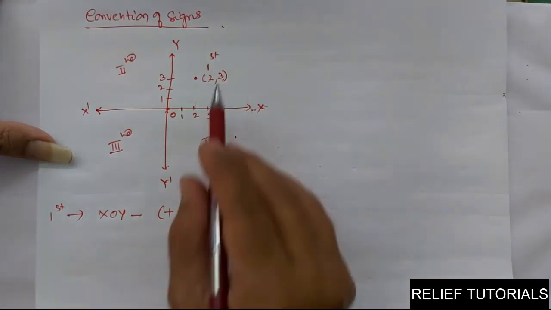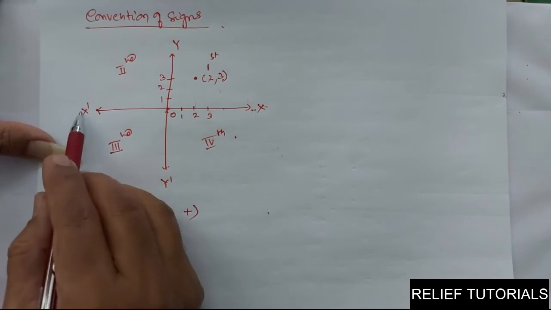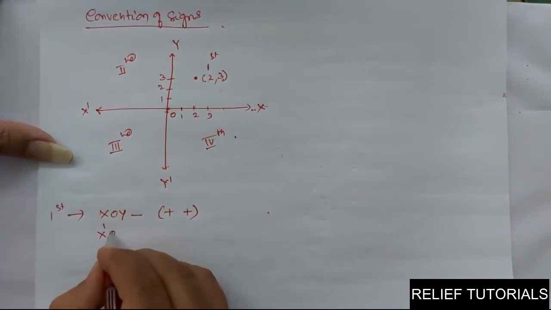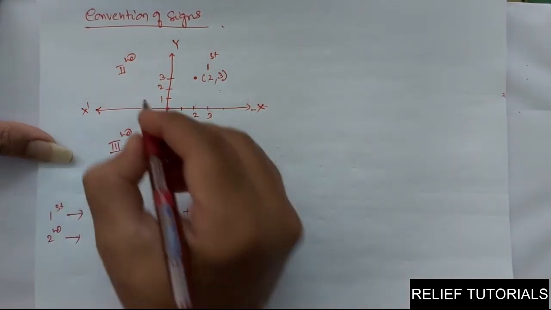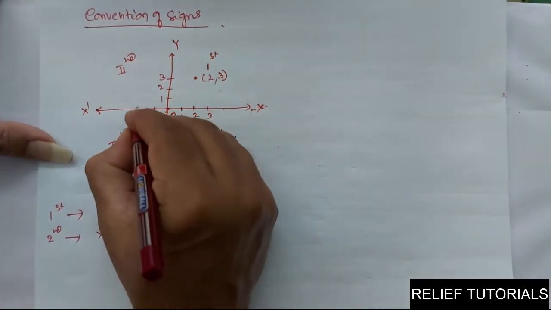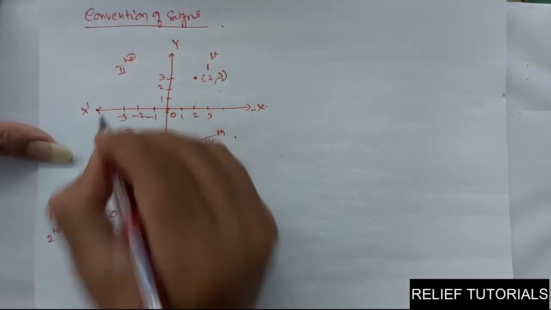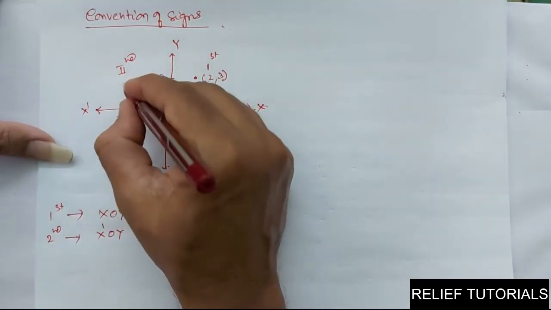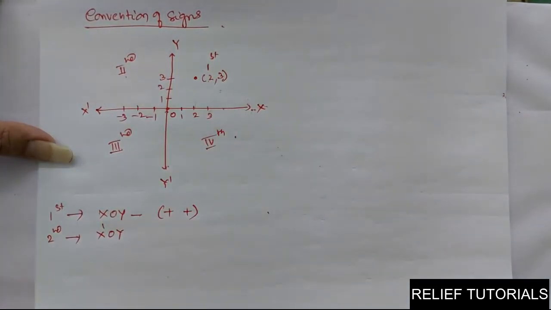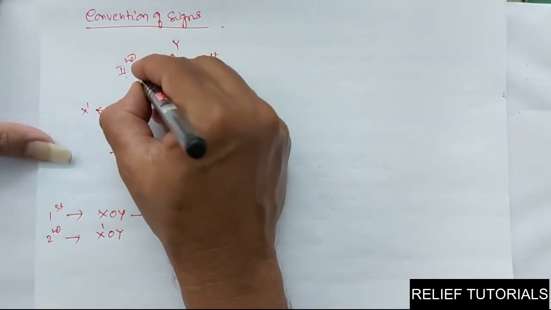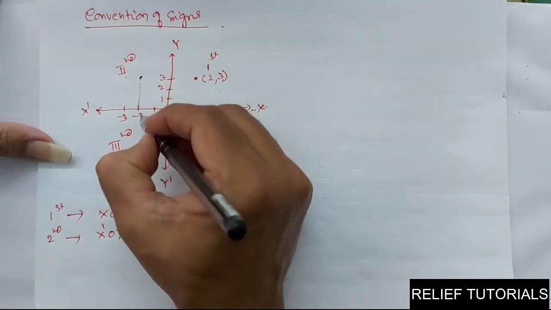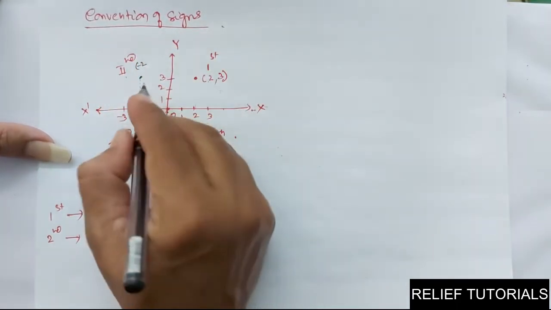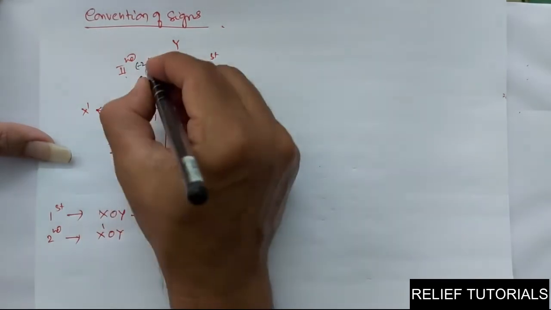So first quadrant, positive. Now the second quadrant, that is X dash OY. So on OX dash we have minus 1, minus 2, minus 3. If you select this point and want to write its coordinates, draw the perpendicular: on the x-axis you are coming at minus 2, so you write minus 2, and on the y-axis it is 3.